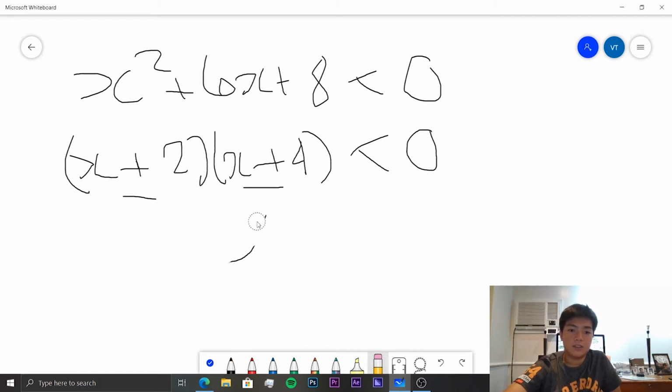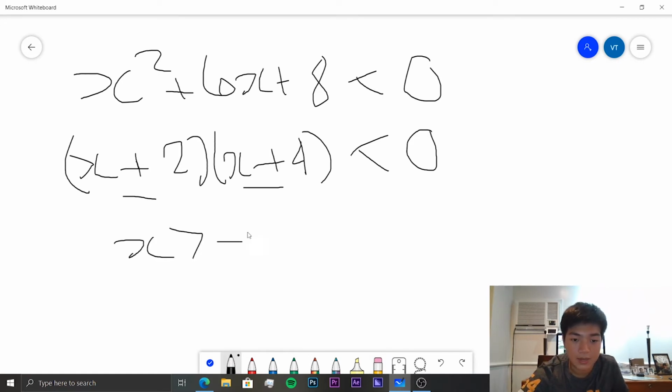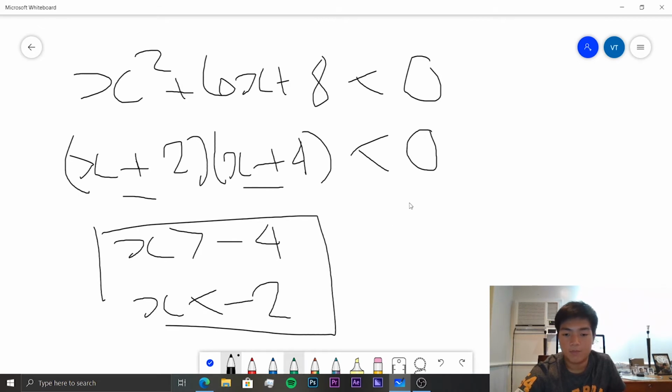The values for which x plus 4 is positive are when x is greater than negative 4. The values for which x plus 2 is still negative are when x is less than negative 2. And so to satisfy both of these, x simply has to be between negative 4 and negative 2. And that is all.